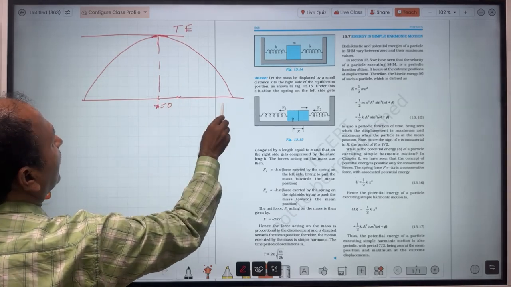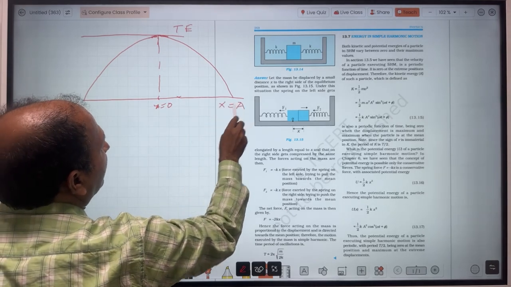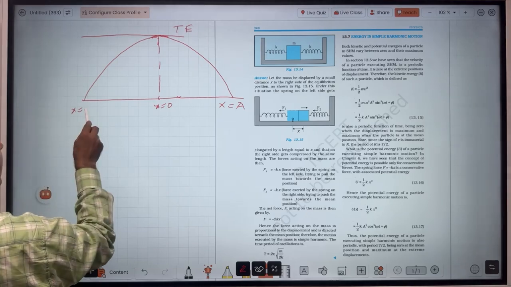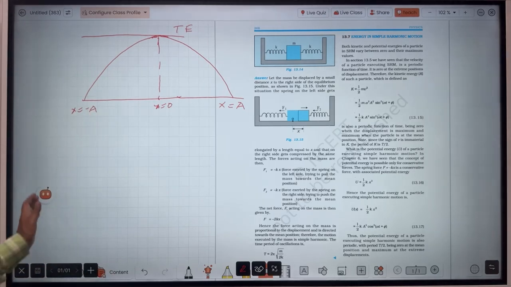X equal to 0, here x equal to maximum displacement, here x equal to negative maximum displacement. We are considering the case of a simple pendulum, suppose.